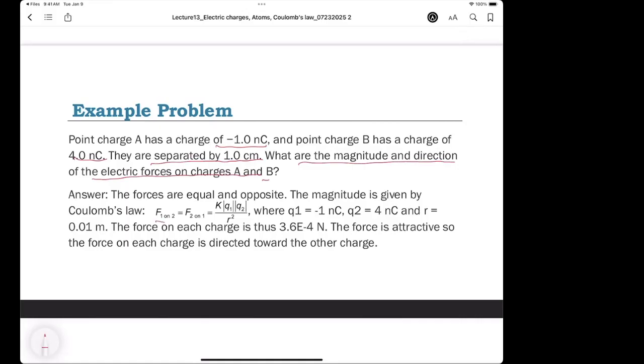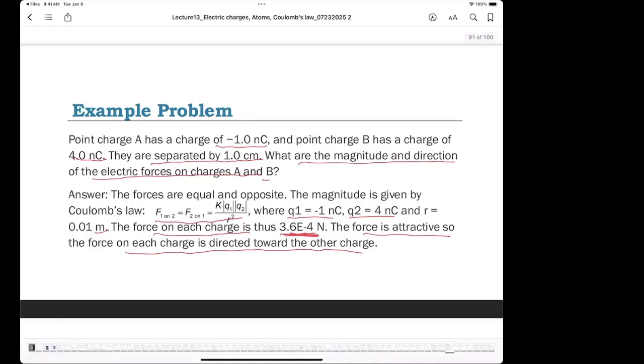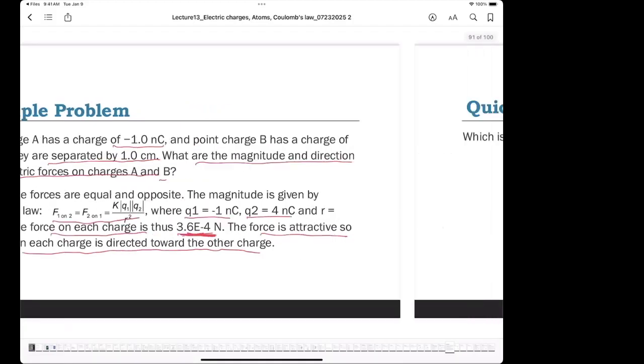You can use this equation, where Q1 is equal to this, Q2 is equal to this, and R is equal to this. The force on each charge then is this. This is the magnitude. The force is attractive, so the force on each charge is directed toward the other charge. This is what the answer should be. You can calculate this by yourself.